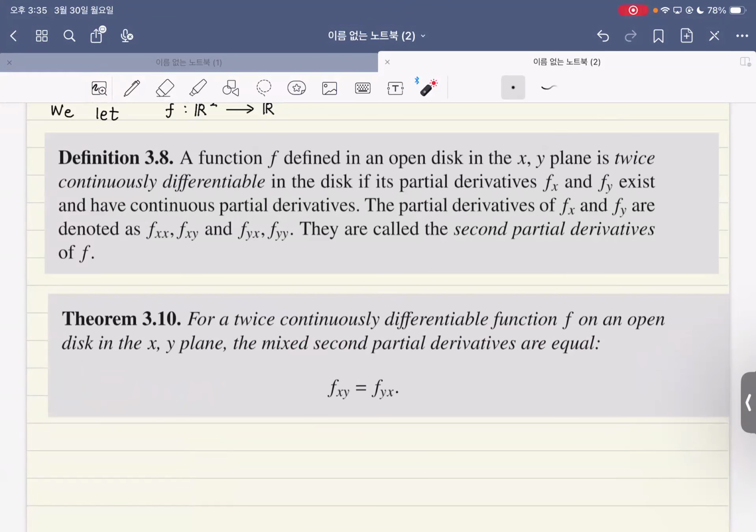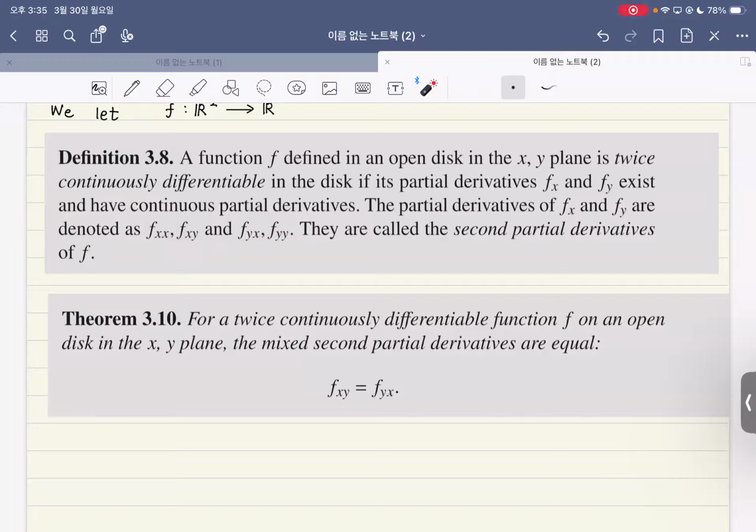We are now talking about a function which is twice continuously differentiable. That means these four second partial derivatives exist and are all continuous on some open domain.